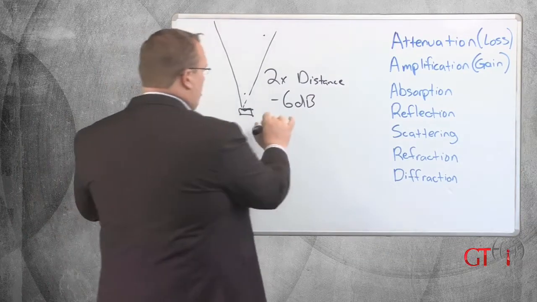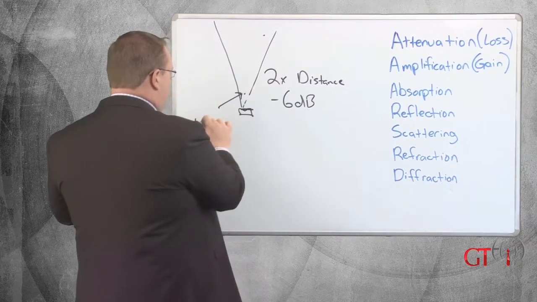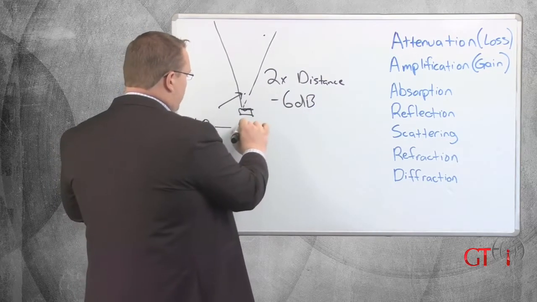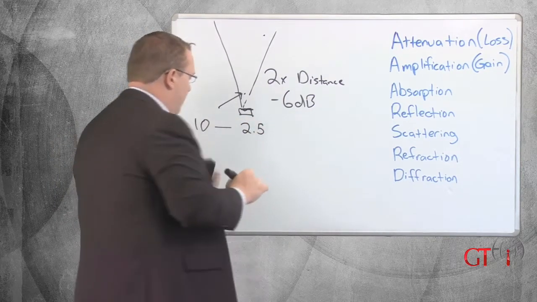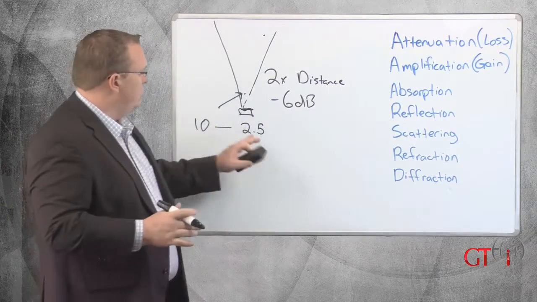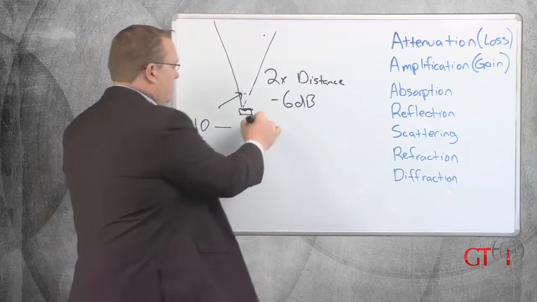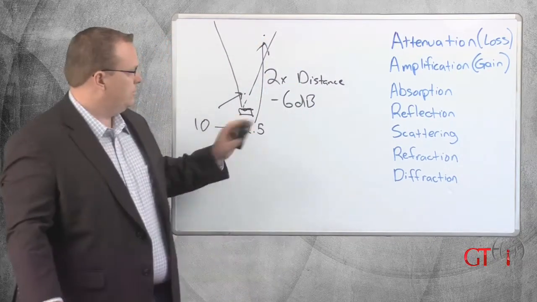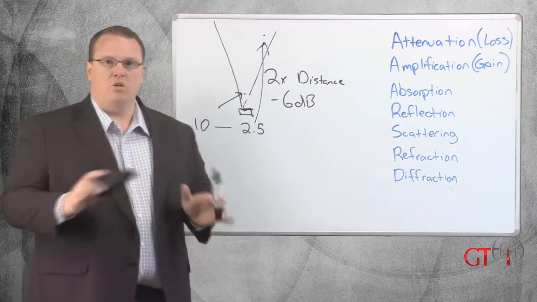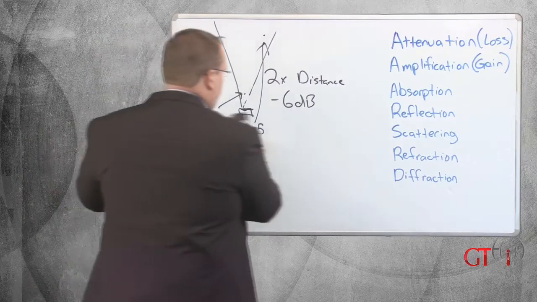So basically, if you start right here and you measure 10 as your signal, when you lose 6 decibels, you're going to end up with 2.5. 10 what, 2.5 what, doesn't matter yet. So when you measure signal, again, let's pretend we lose that 6 decibels here, we end up with 2.5. So that is attenuation, with no obstacles, no nothing, it's just general attenuation.